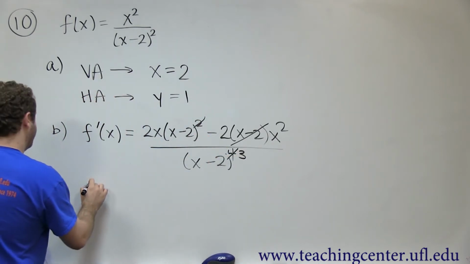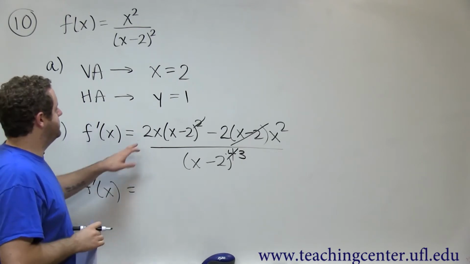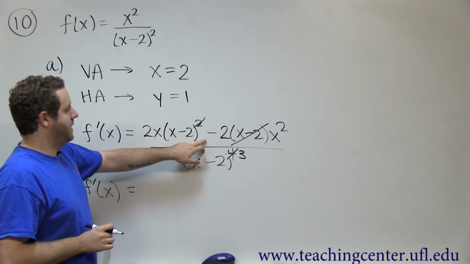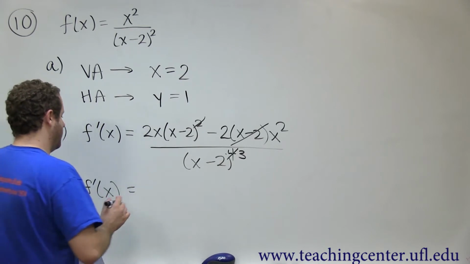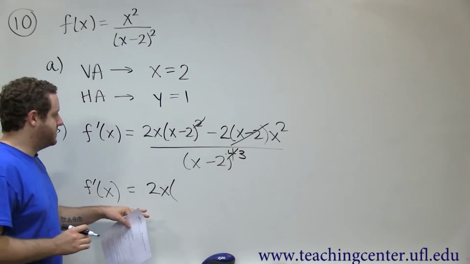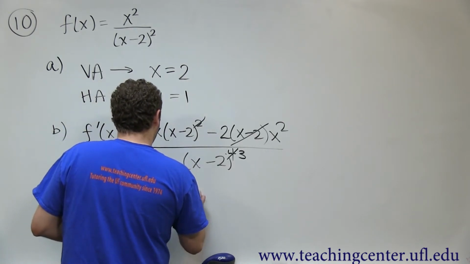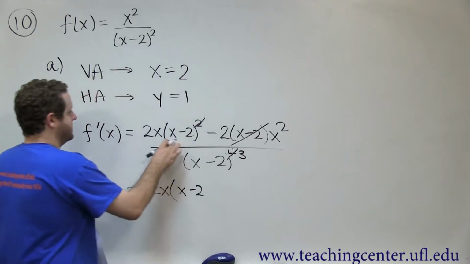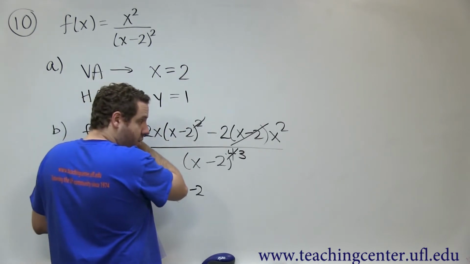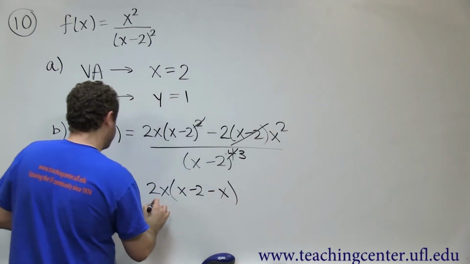Let's factor what's remaining in the numerator. What's remaining in the numerator is 2x times (x minus 2) minus 2x squared. Note that we can factor out 2x. If we factor out 2x, what's remaining here is x minus 2, because that's the only thing we took out. And here, if we factor out 2x, we still have an x, so we'd say minus x.